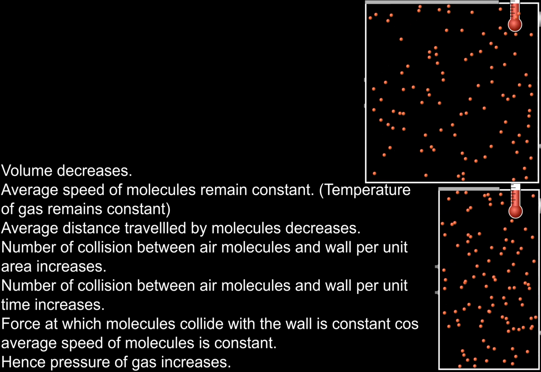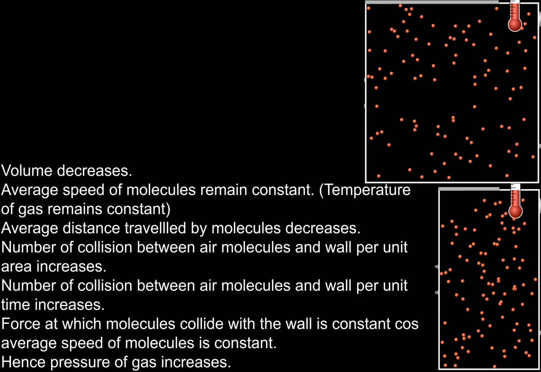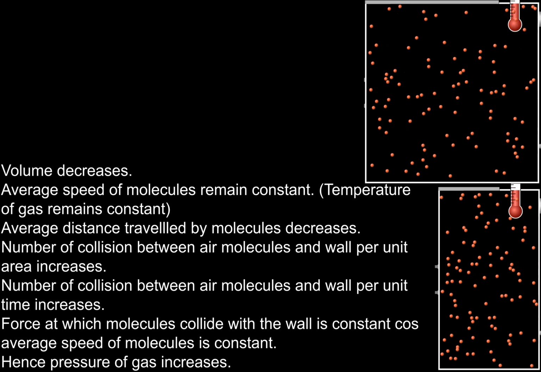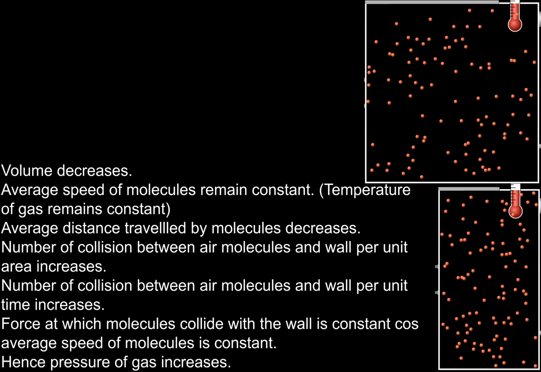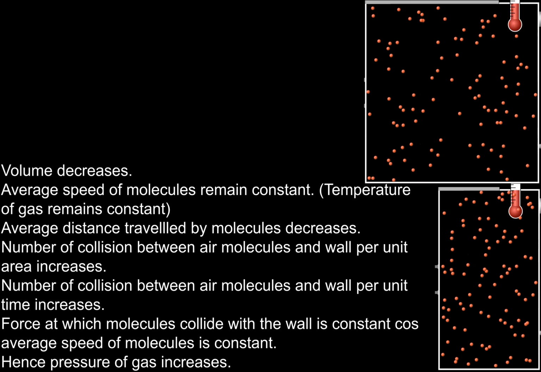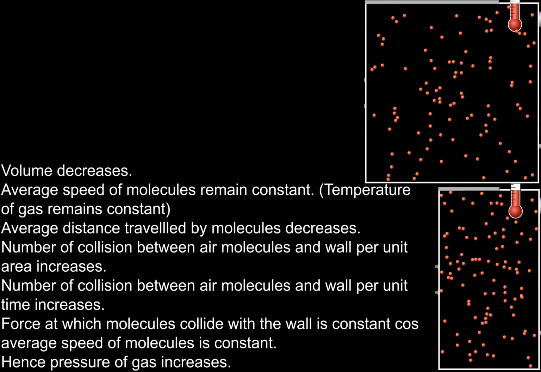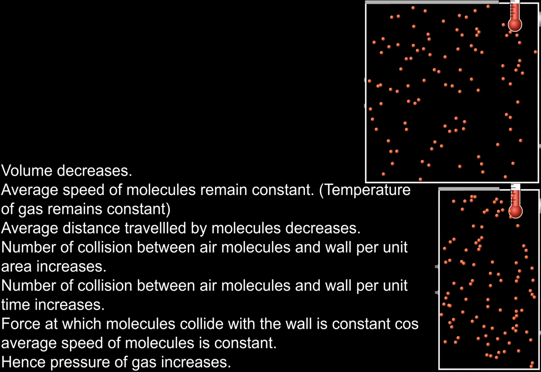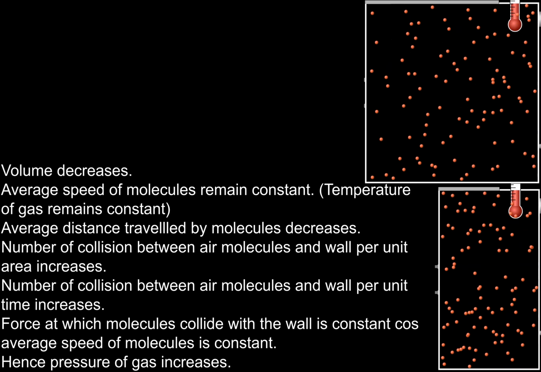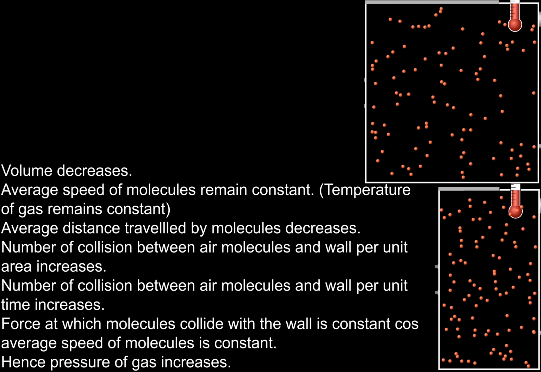And if I were to isolate one small area of the wall, I also notice that the number of collisions per unit area increases, and the number of collisions per unit time also increases. But since the speed of the molecules remains constant, the force with which the molecules collide with the wall also remains constant.